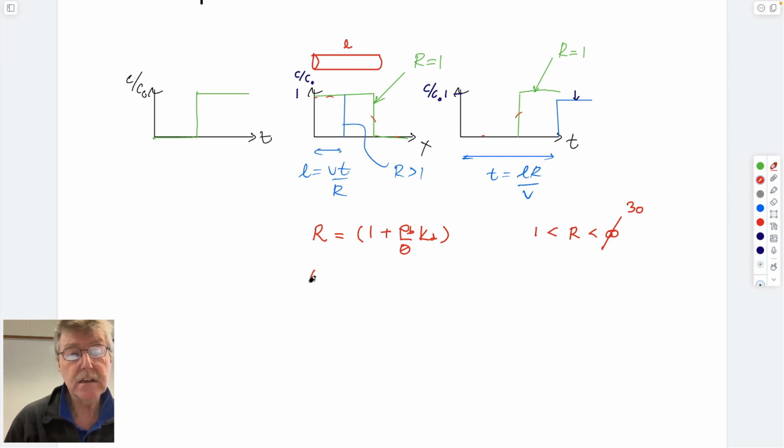We know what it means. It's equal to the velocity of a conservative solute over the velocity of a non-conservative one, or as it turns out, the reciprocal of their lengths, right?